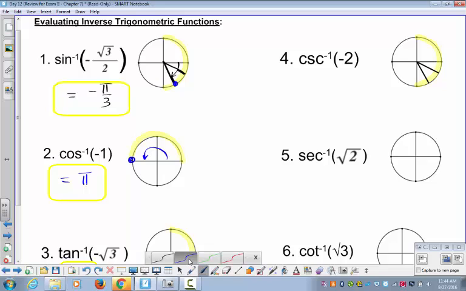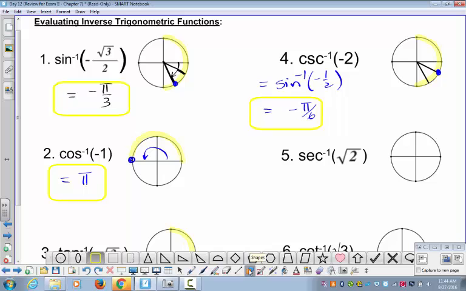And we want that right there, I think. Do you agree? That will be the angle on the right with a sine value of negative 1/2. We could also use that identity. This is exactly that, which is negative pi over 6.